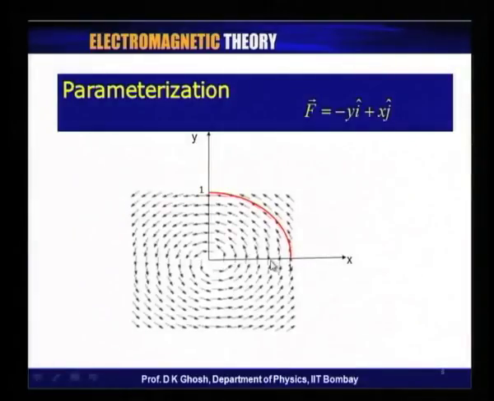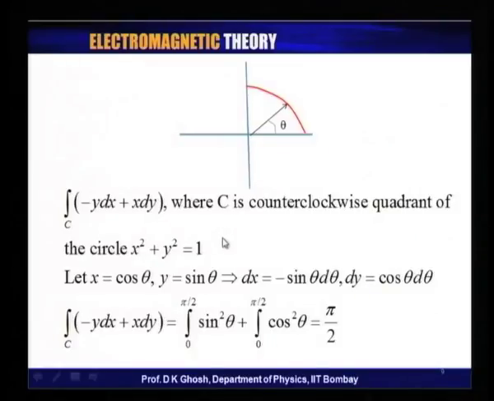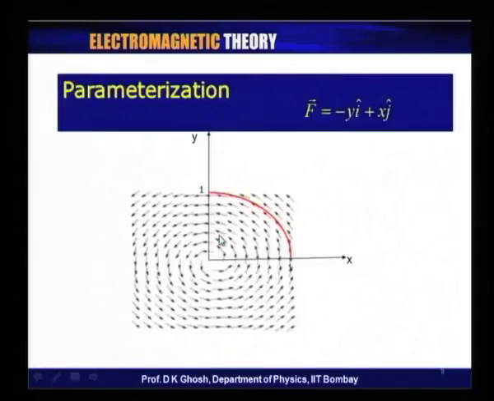I am going to compute the integral of this vector field along a quadrant of a circle, taking me from this point, that is 1 0 to 0 1 in the anti-clockwise fashion.